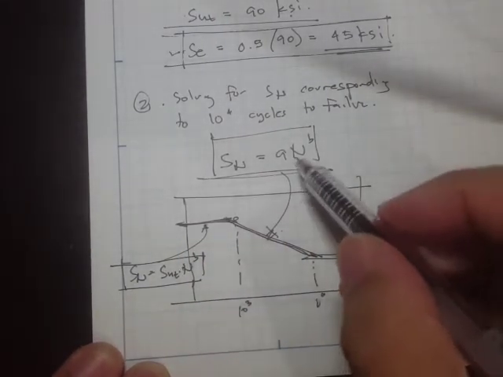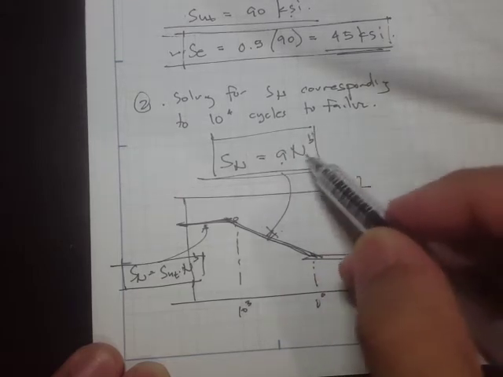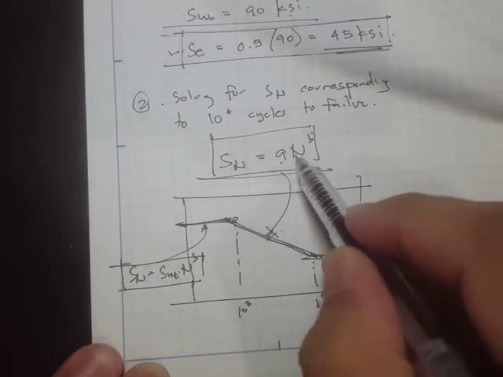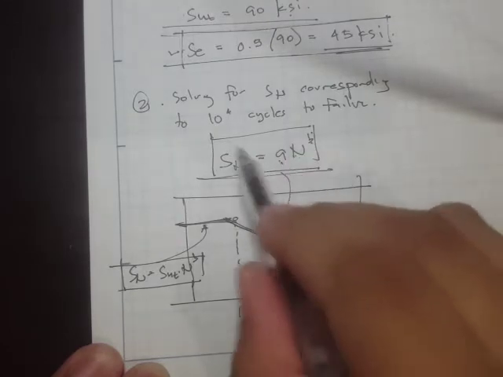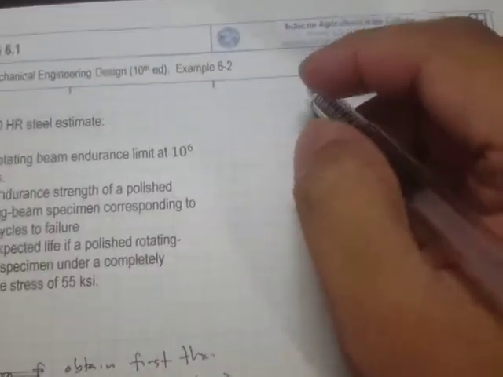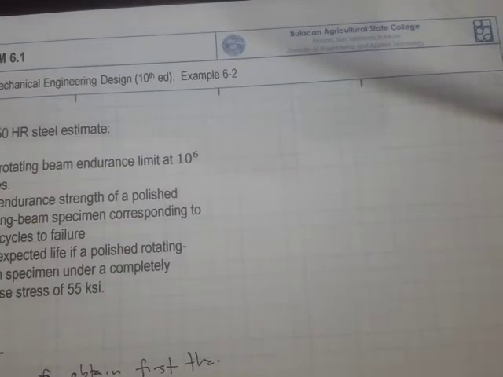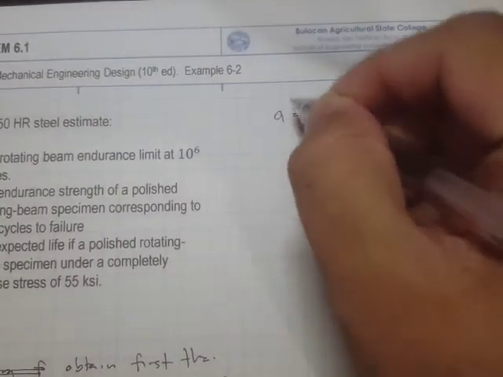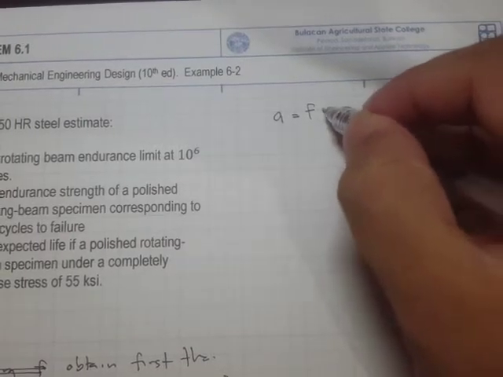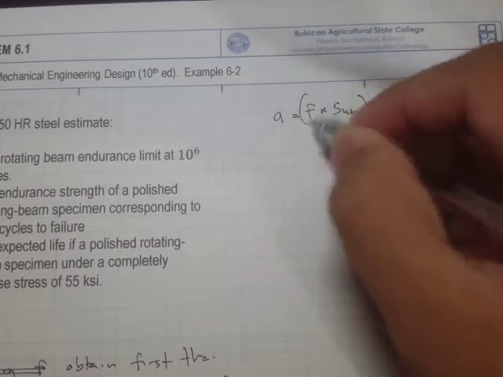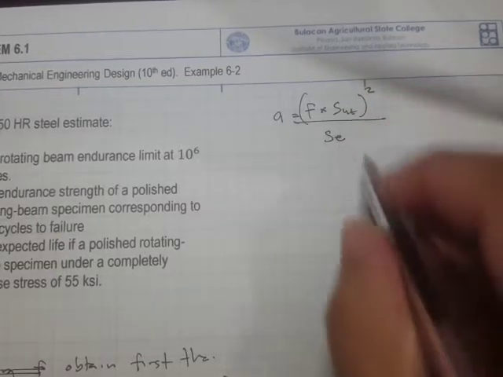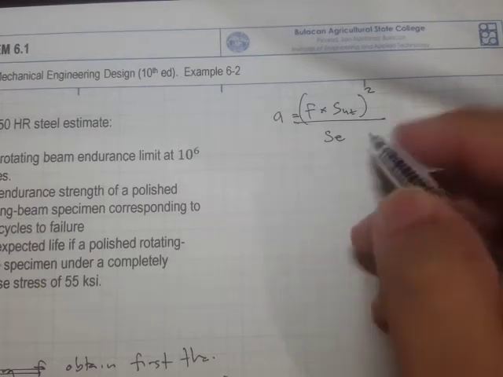First we are going to solve for A and B, because this n is already given. This is 10 to the 4. If we know A and B, then we can solve for the fatigue strength, right? So let's solve for A first. A is given by this equation, (f times SUT) squared, divided by the endurance limit.